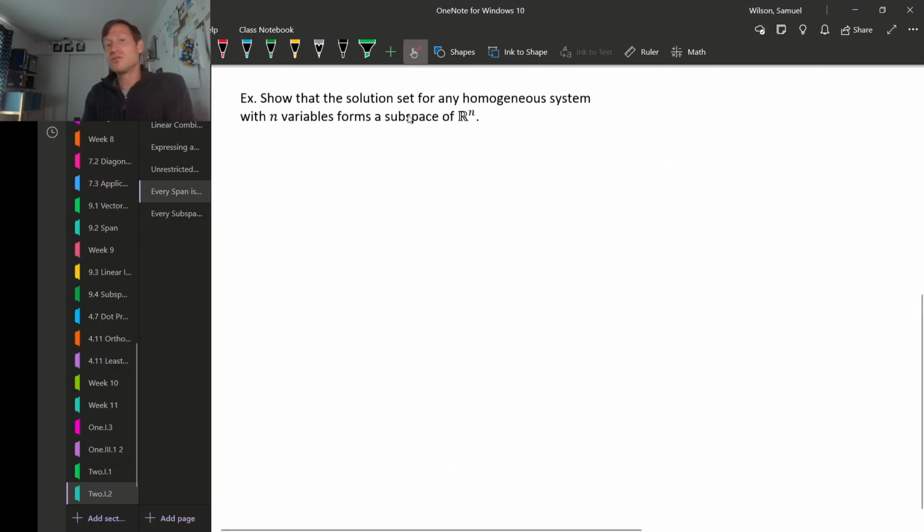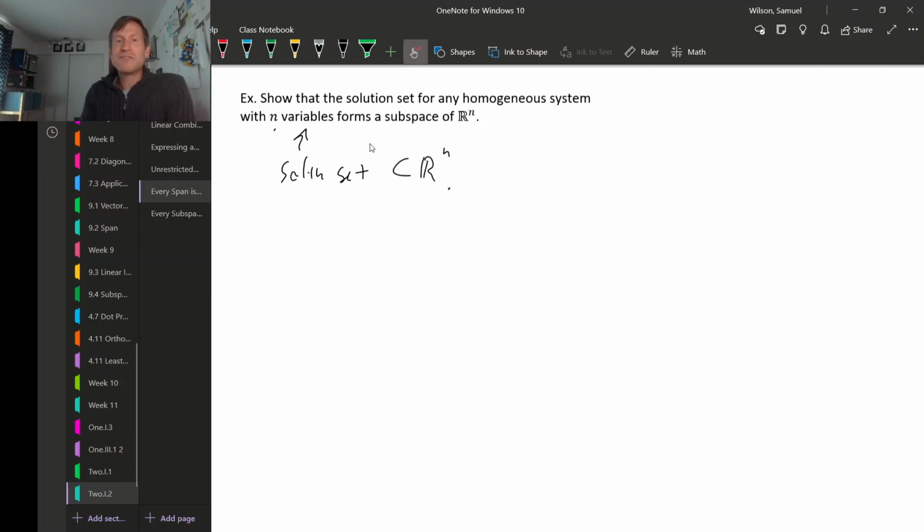To make use of the fact that span is a subspace, let's do this. Let's show that the solution set for any homogeneous system with n variables forms a subspace of Rn. So if we have a homogeneous system with n variables, then the solution set will be contained in Rn.